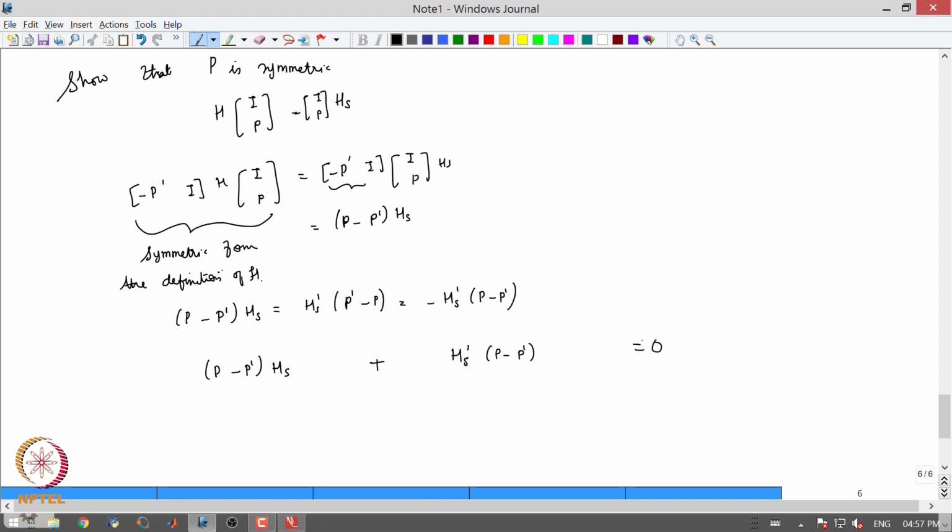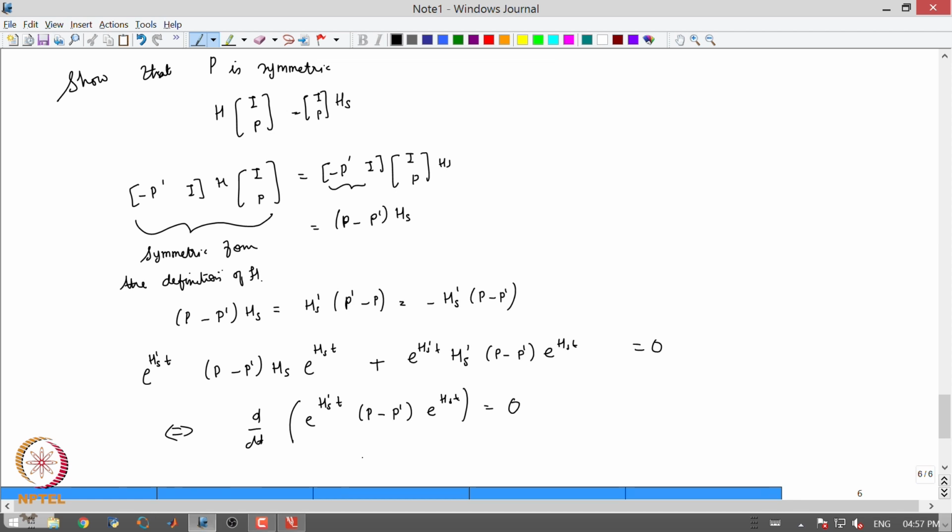Okay. Now, I just multiply this expression on the left by this term, and on the right hand side by this, and this will precisely turn out to be the following: d over dt of e power Hs transpose t, P minus P transpose, e power Hs t, is equal to 0.